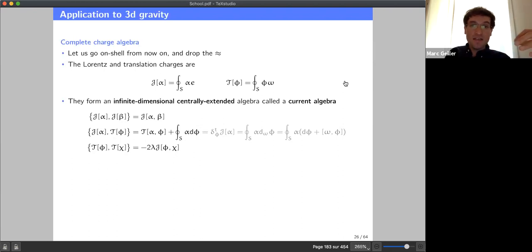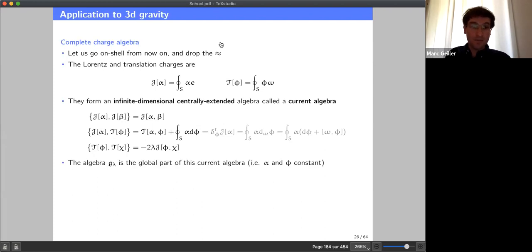And the reason why this is infinite dimensional is that it's allowed to depend on arbitrary Lie algebra zero forms, which are the smearing functions of the charges. So alpha and phi in these charges are Lie algebra valued functions, but they can be any Lie algebra valued function that you want. And because of this, this algebra is infinite dimensional.